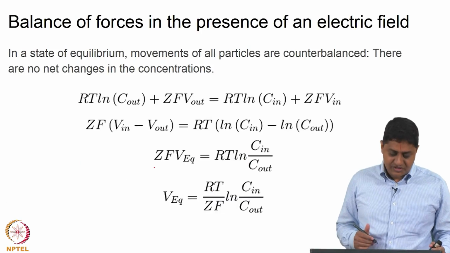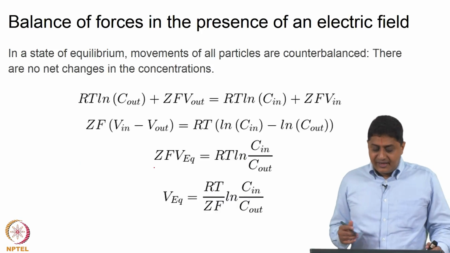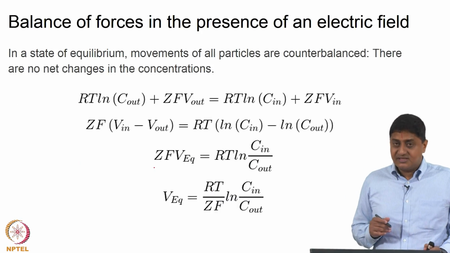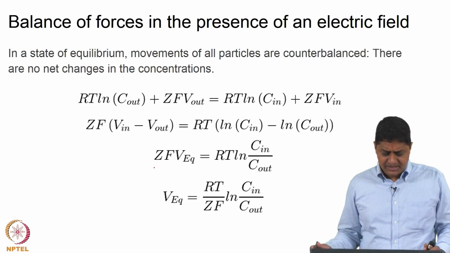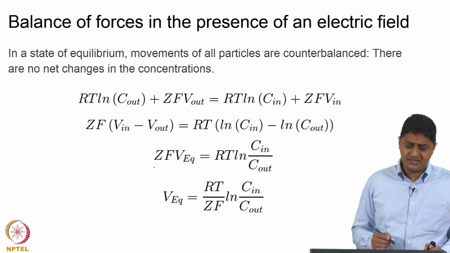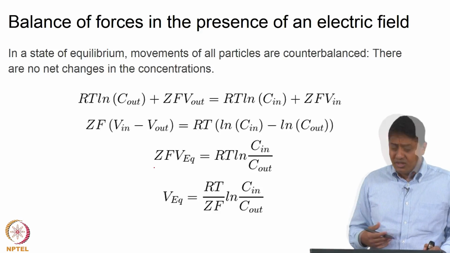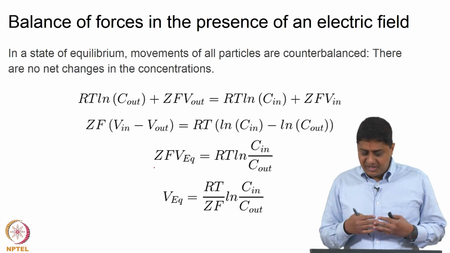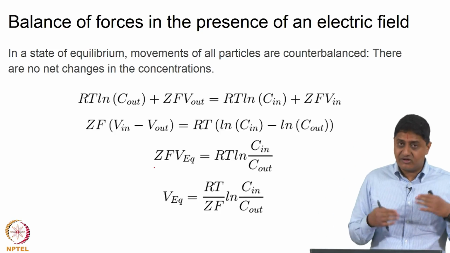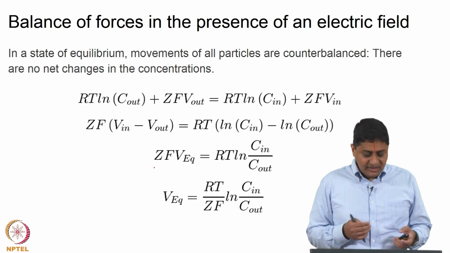So, that is the situation. In the state of equilibrium, the net movement is approximately 0 or the movement of all particles are counterbalanced. So, there are no net changes in concentrations anymore. Although there may exist a gradient, this cannot be further changed because of the potential gradient, right. So, that is the situation.